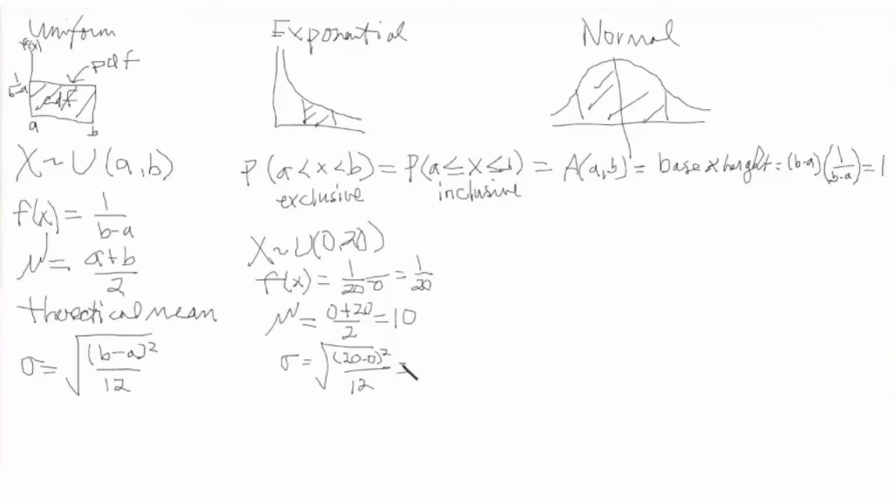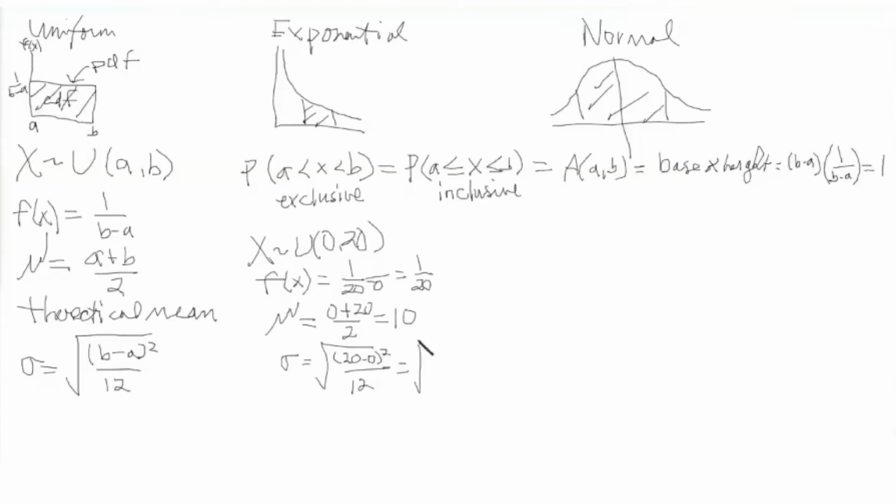So that's just going to give you 20 squared, which is 400, divided by 12.